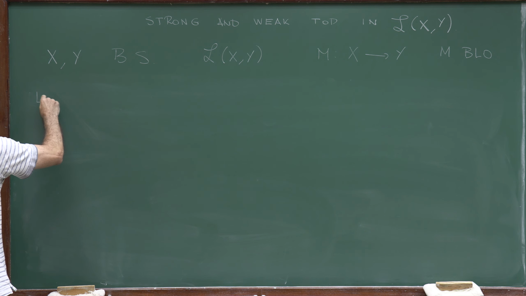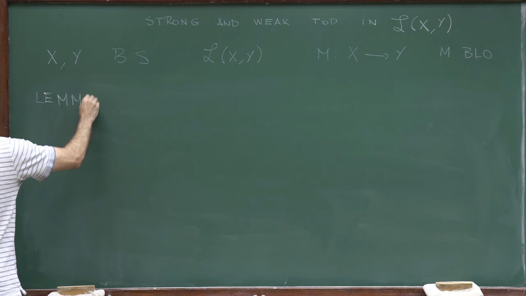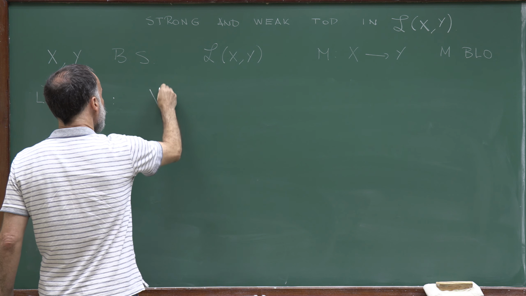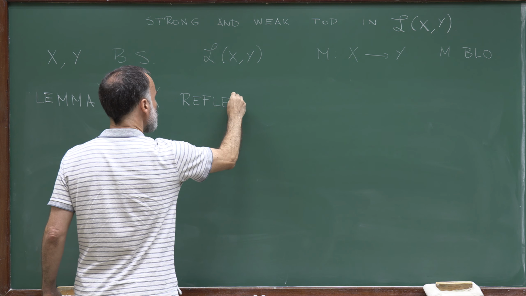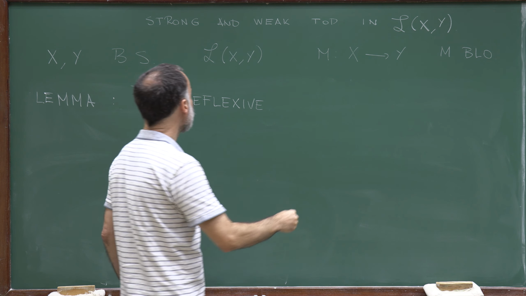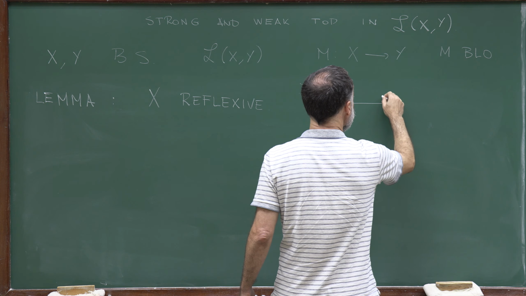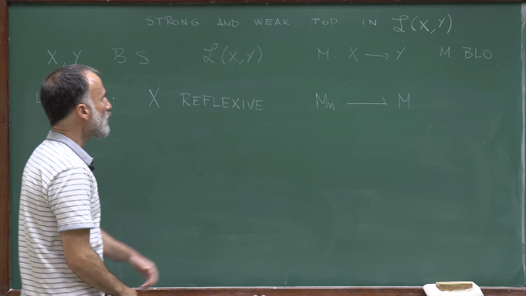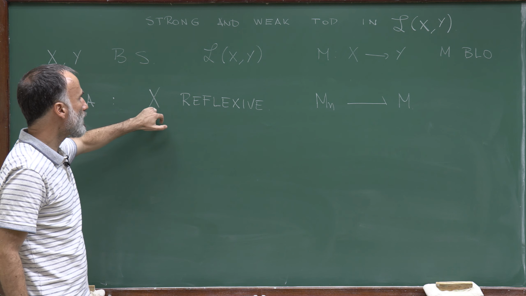So let me prove the following lemma. Let me assume that the space X is reflexive. And let's assume that we have a sequence Mn, and this sequence Mn is converging weakly to M. So Mn and M are elements of L(X,Y), and I'm assuming that X is reflexive.